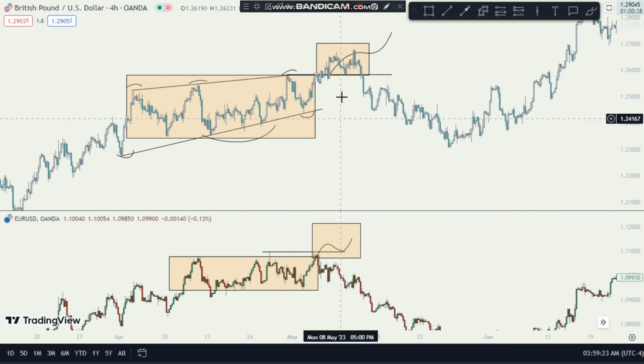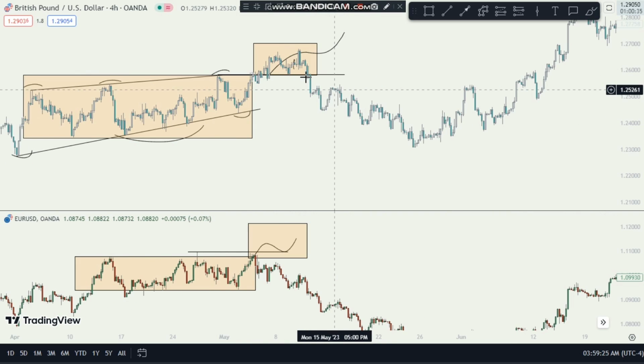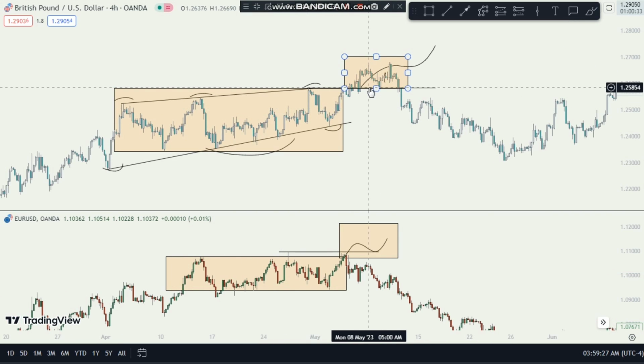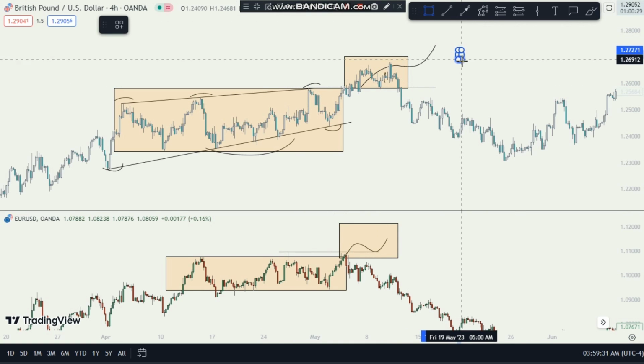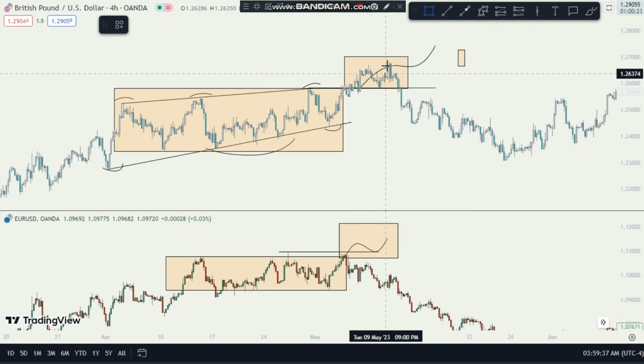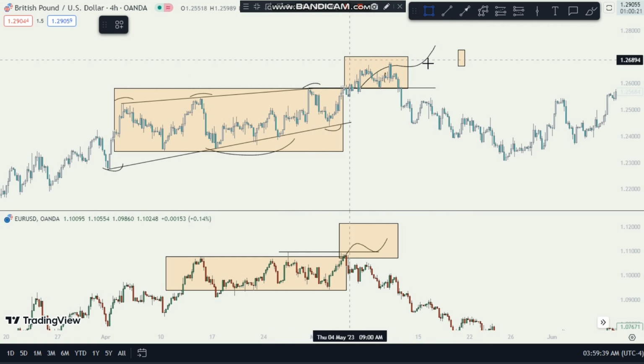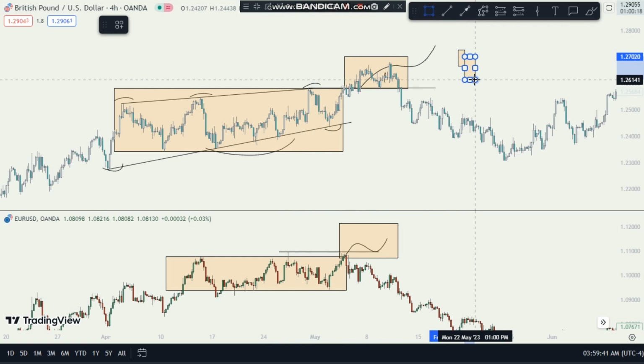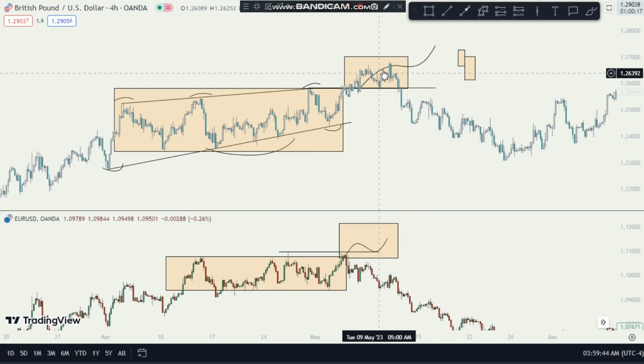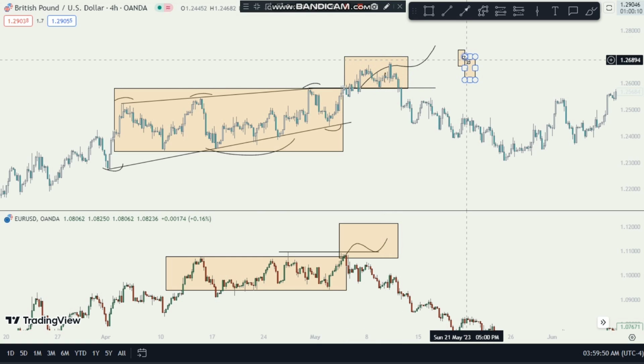So once you get this divergence, okay, then you have to look for order blocks on a smaller time frame. What is an order block? An order block is an up-closing candle, and this is the bearish case, so I will discuss the bearish case: a candle closes above this, and then the next candle closes below this. Here you can see no order block on 4 hour, but you can find those order blocks on 15-minute, 1 hour, or even 5-minute or 1 minute.